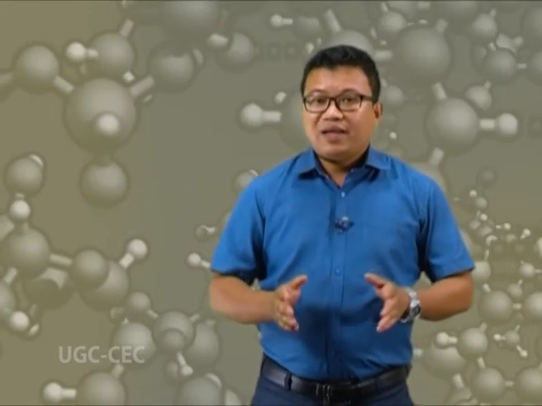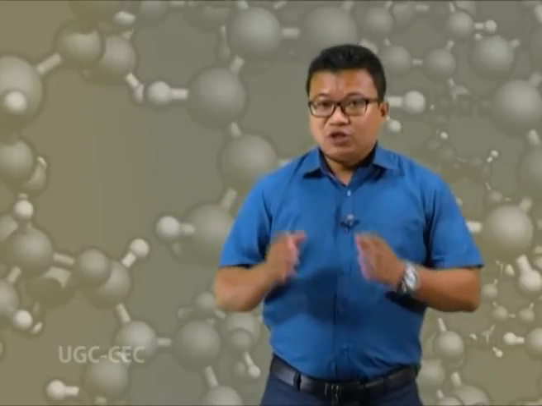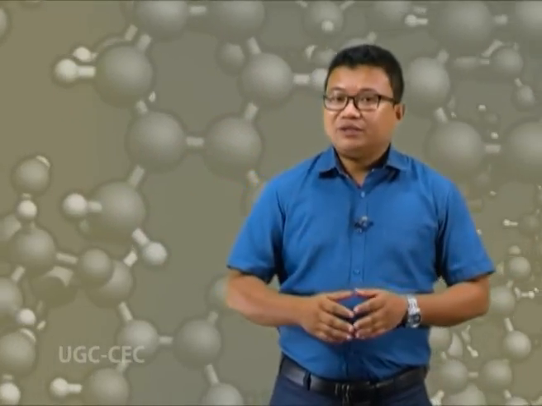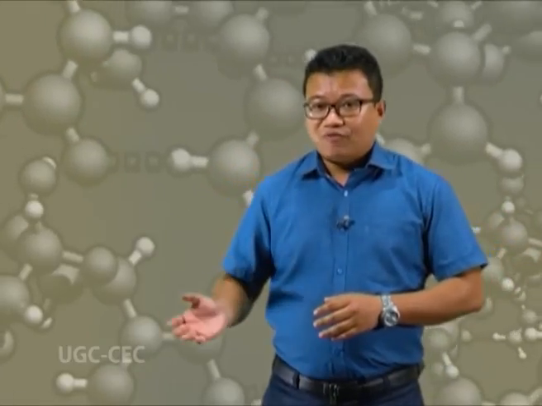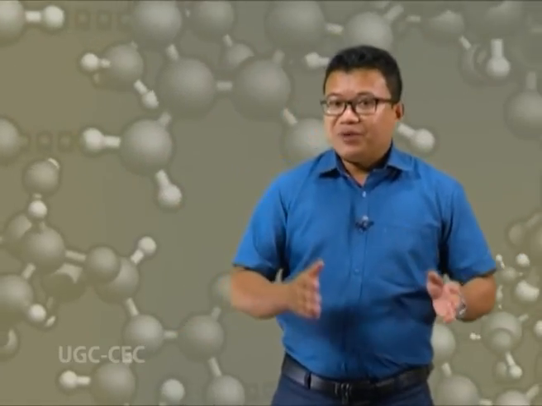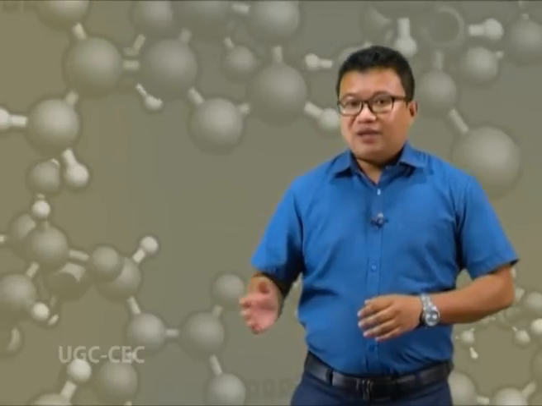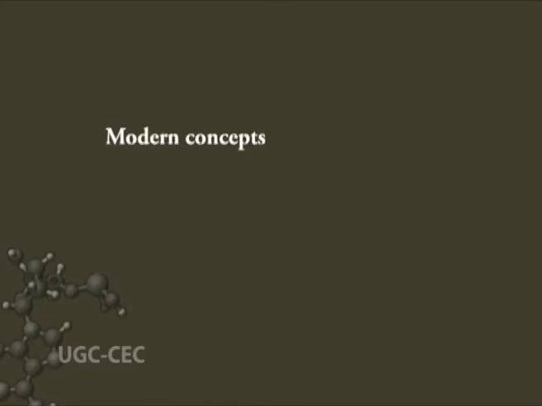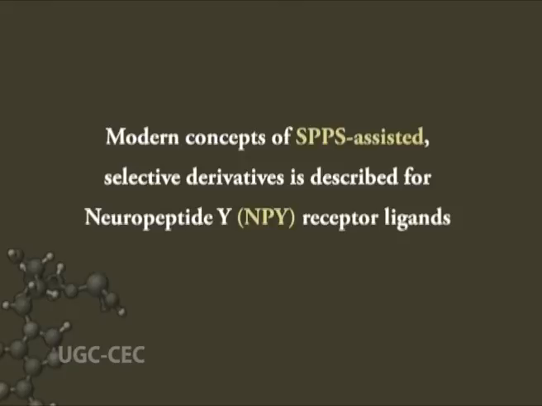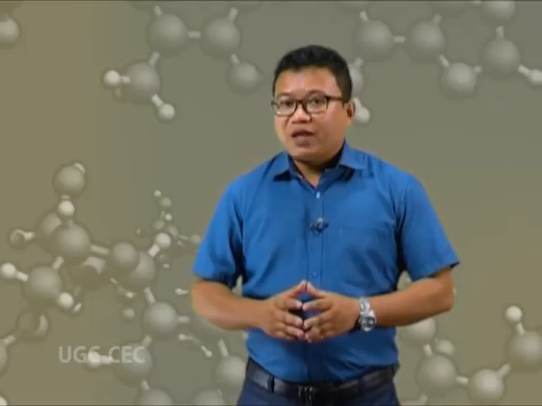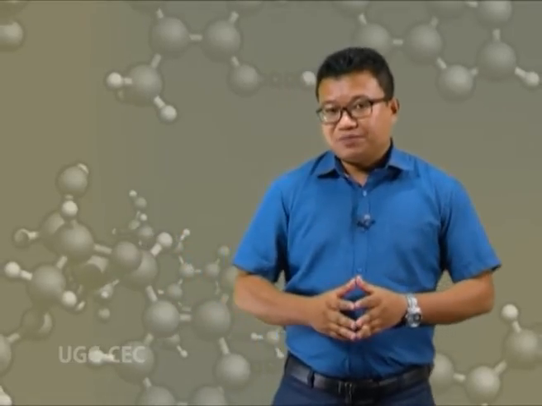Here, we highlight two successful strategies to modify chemical properties in order to influence pharmacodynamic and kinetic profiles: lipidation and PEGylation. As an example, a modern concept of SPPS assisted selective derivatives is described for neuropeptide Y, also referred to as NPY, receptor ligands for therapeutic and analytical applications.